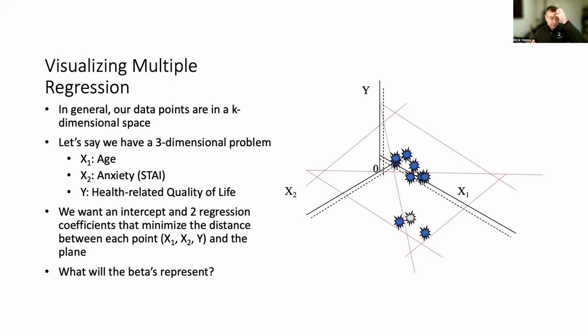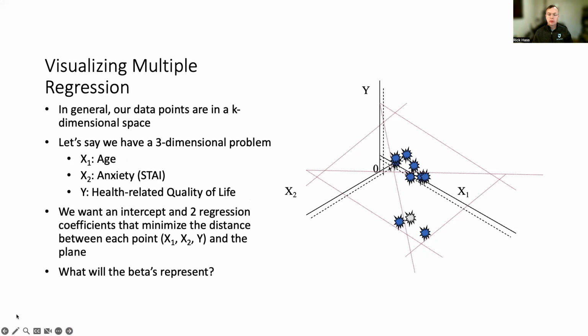In general, we can have as many dimensions as we want. So let's look at a three-dimensional problem. We'll take our first predictor to be age, our second predictor to be a person's trait anxiety measure, and our outcome to be health-related quality of life.